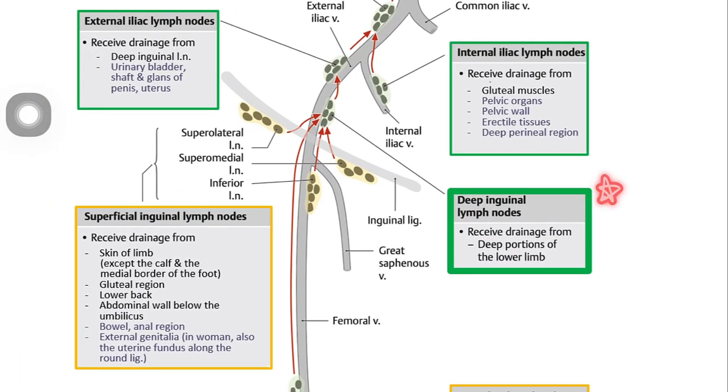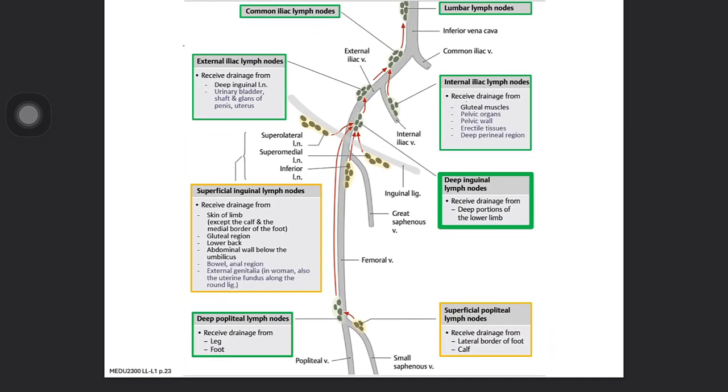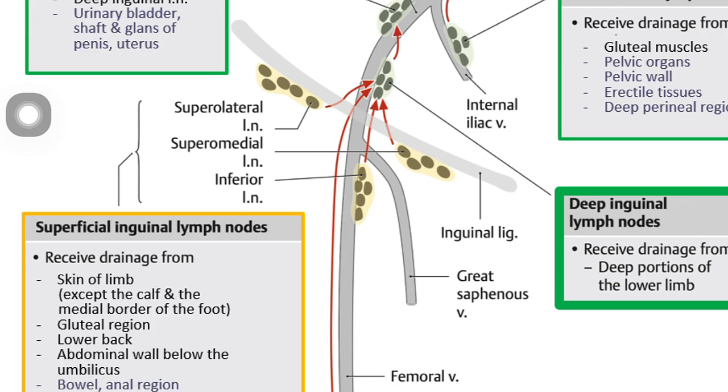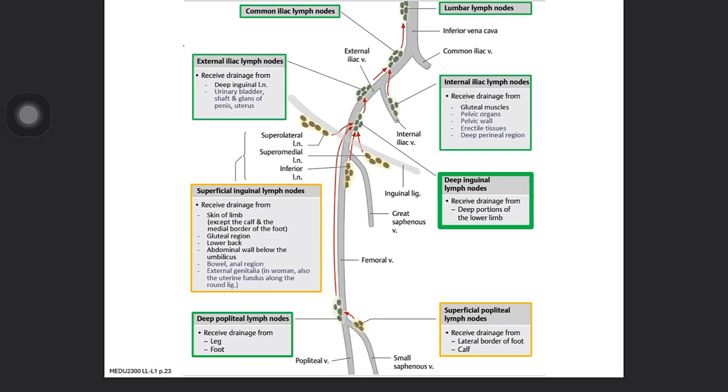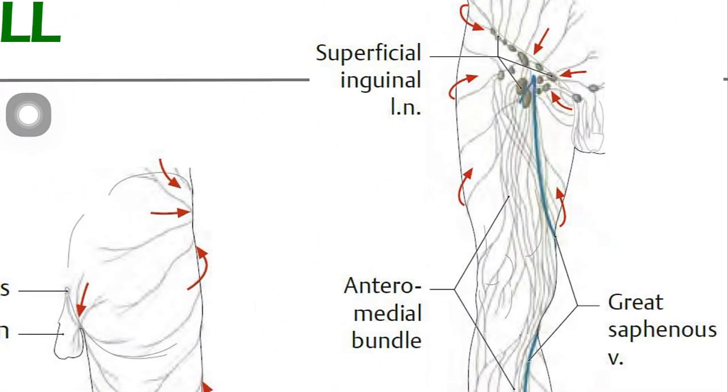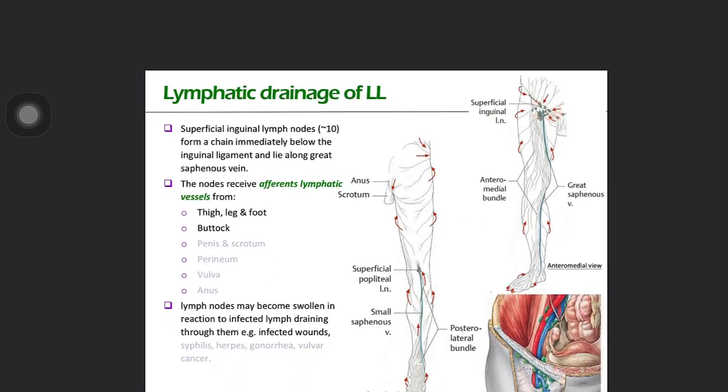This one, the deep inguinal lymph nodes, is the final collection point to receive all the lymphatic drainage of the lower limbs. What you can see getting bigger and bigger in size when there is infection is usually referring to these superficial groups here, around 10.